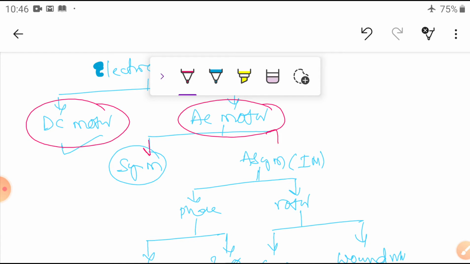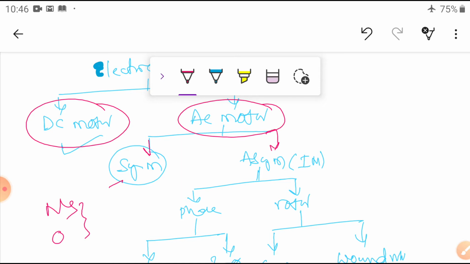The synchronous motor runs at a constant speed, the synchronous speed. The rotor and stator are synchronized with each other, running at normal rated speed irrespective of load. Its applications we have already seen.